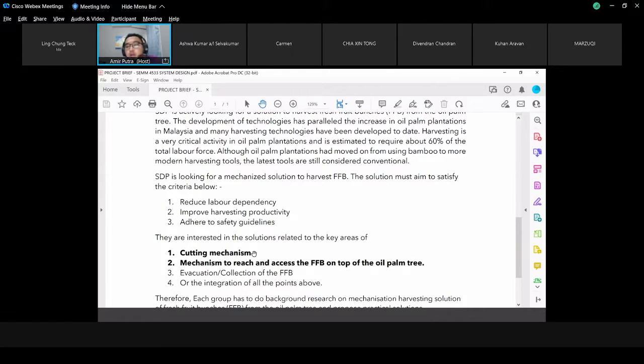The first one is the technologies or mechanization. I'm talking about the mechanization of cutting mechanism, cutting the fresh fruit bunches. And then mechanism to reach and access the FFB on top of the palm oil.